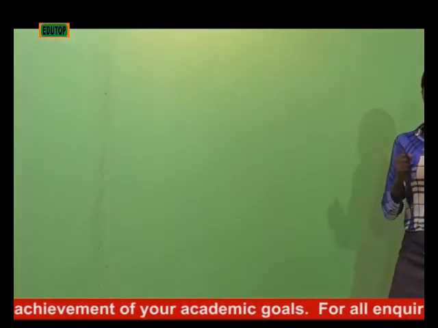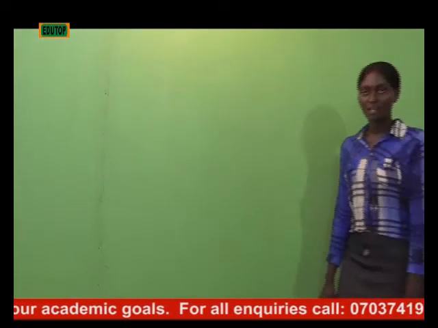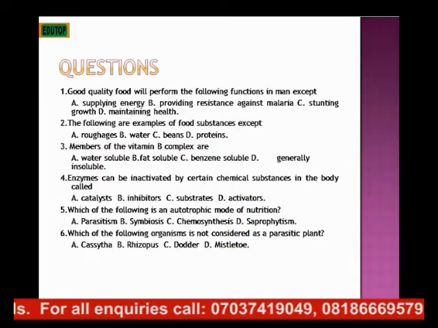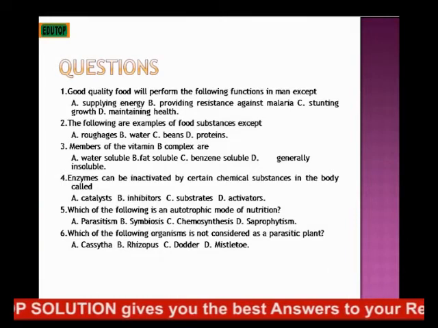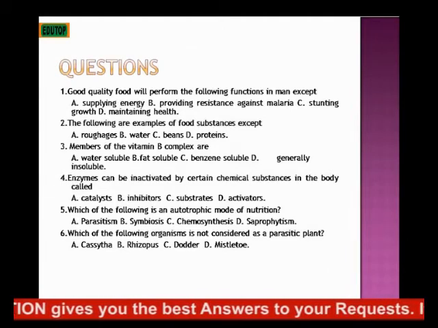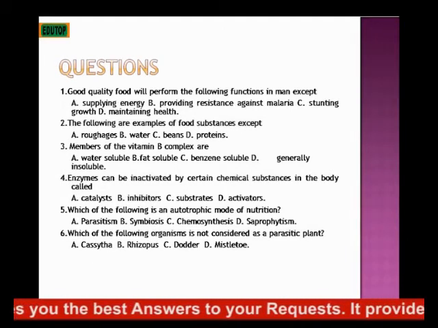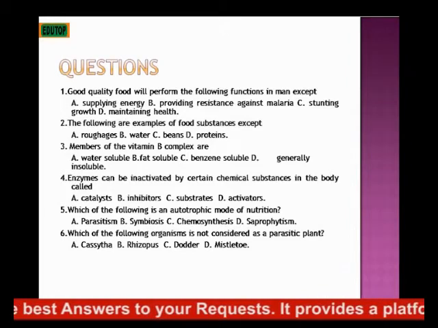I want you to try these questions and see how far you have learned. Number 1. Good quality food will perform the following functions in man, except A. Supplying energy, B. Providing resistance against malaria, C. Stunting growth, D. Maintaining health.